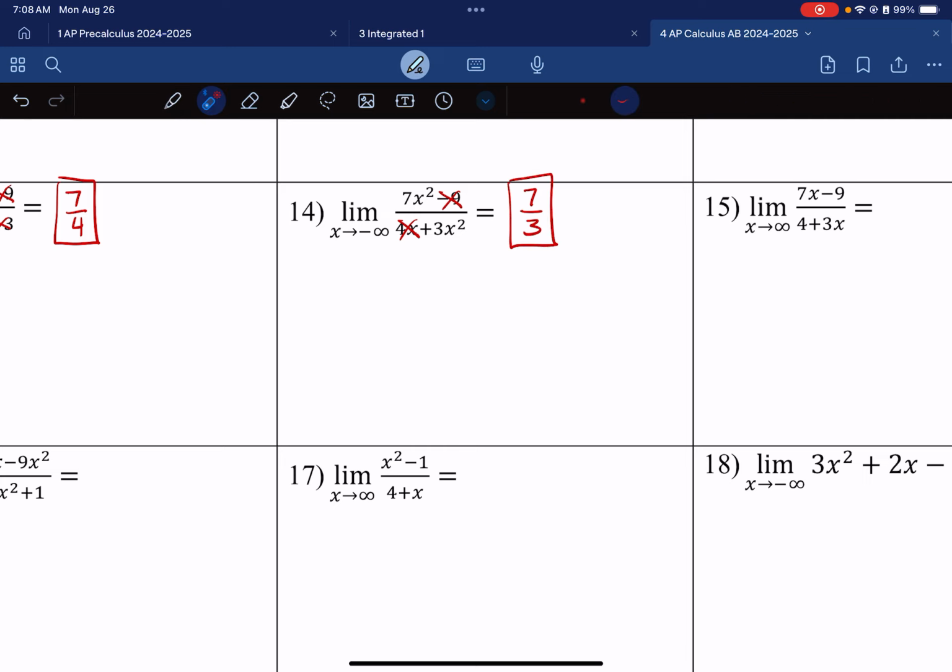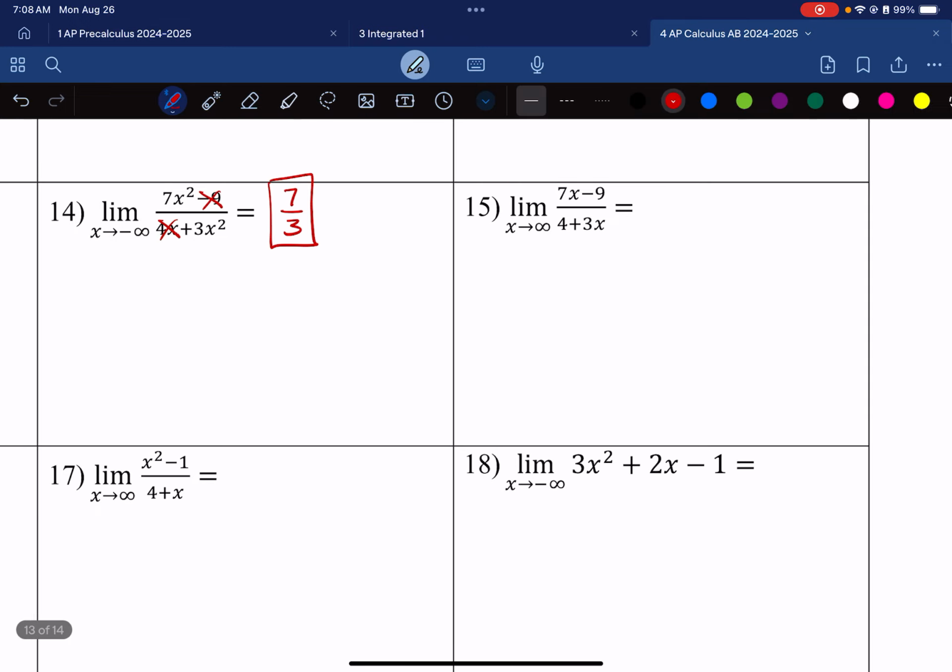And you've seen it before, but it does not matter if you're positive or negative infinity. Number 15, cross off the smaller degrees. Notice we have a tie of an x and an x. Those are both degree 1. And I take the coefficients 7 and 3, and I get, again, 7/3, which is very similar to the last problem.